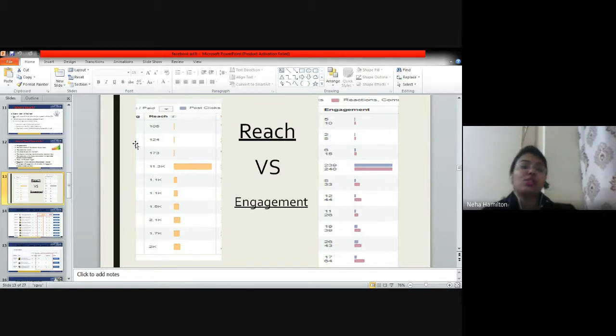Okay, so once you create a paid campaign, you can decide the reach, but you cannot decide the engagement. Engagement depends on the quality of your post. If you have posted a good quality ad and people like it, they will like it, they will share it, right? If people do not like your ad, they will not even notice it. There are thousands of things bombarded on us on Facebook, social media and a lot of other platforms, so a lot of things go unnoticed.